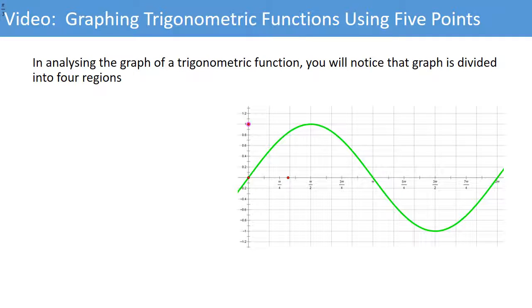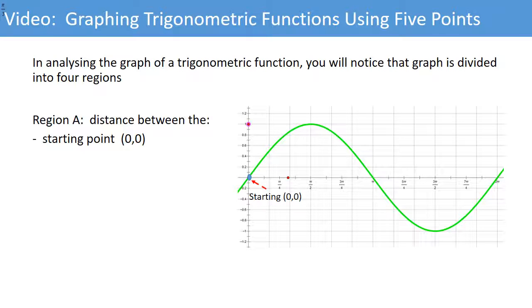In analyzing the graph of a trigonometric function, you will notice the graph is divided into 4 regions. Region A is the distance between the starting point at 0, 0 and the maximum point at pi over 2, 1.